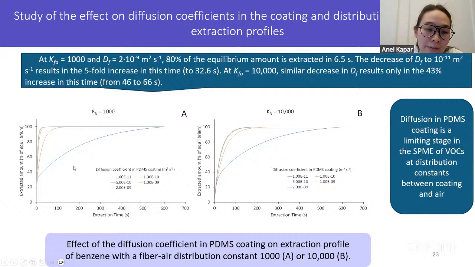When DF is 10 to the minus 9, 80% of the equilibrium amount is extracted in 6.5 seconds. Decreasing DF to 10 to the minus 10 increases this time 5-fold, whereas at KFA 10,000 a similar decrease of DF increases this time by only 43%.